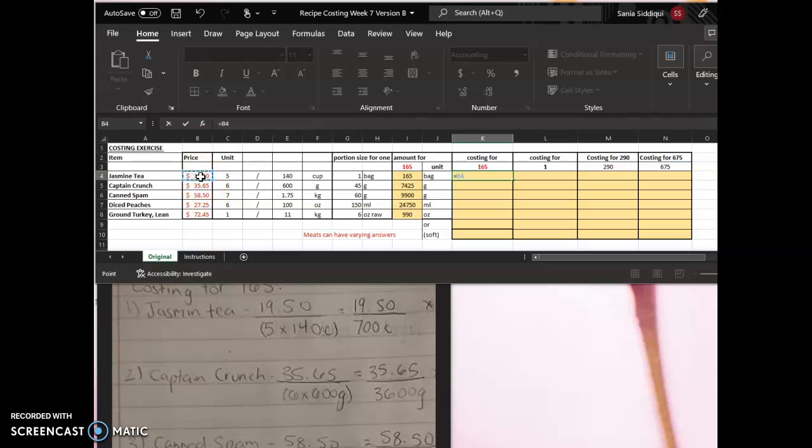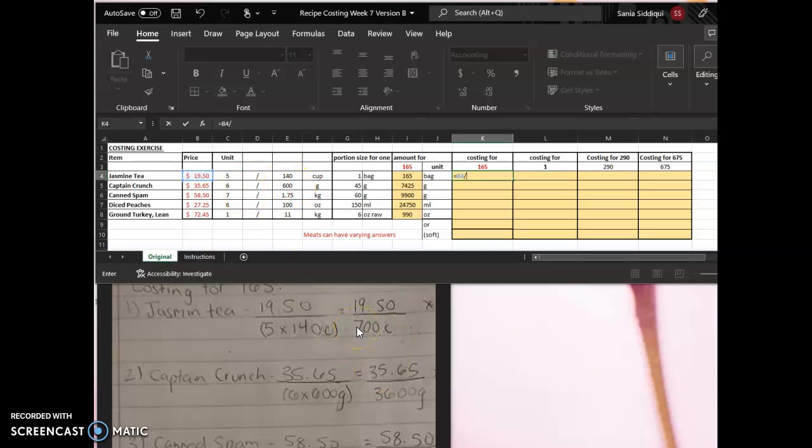Then the next thing to do is figure out the total number of cups for the total number of units. The way we do this is by multiplying 5 by 140. This means that for every 5 packages, there are 140 cups or bags, and that will give us a total of 700.